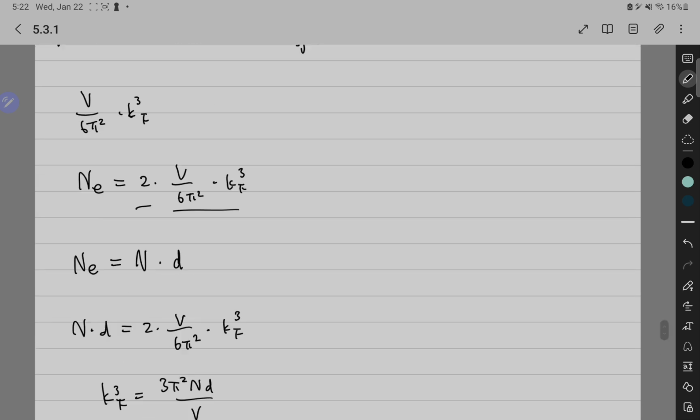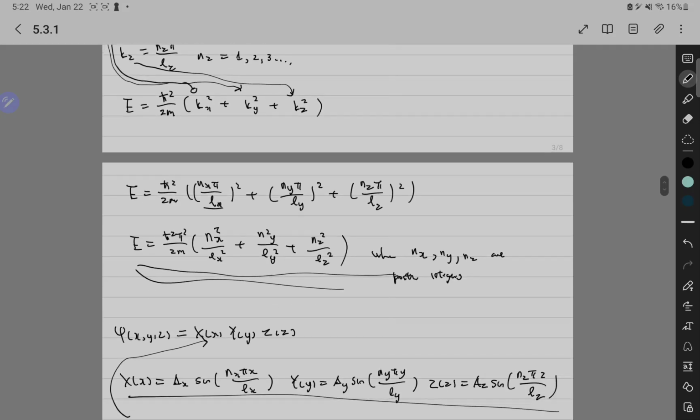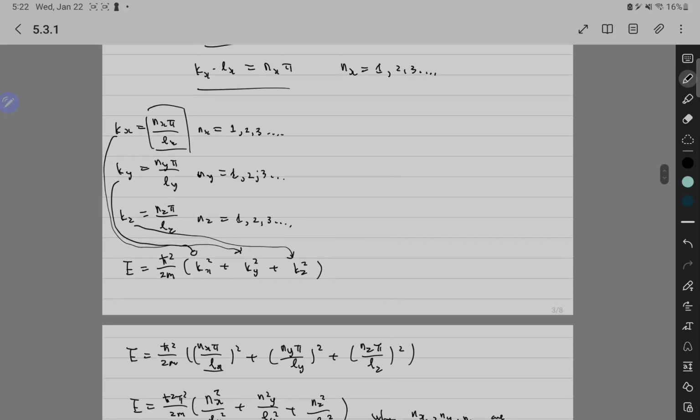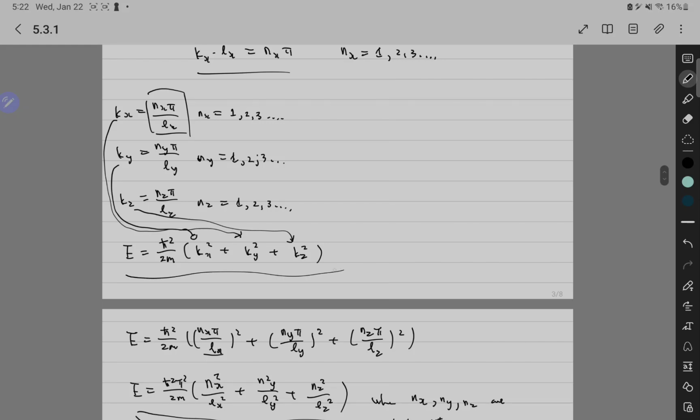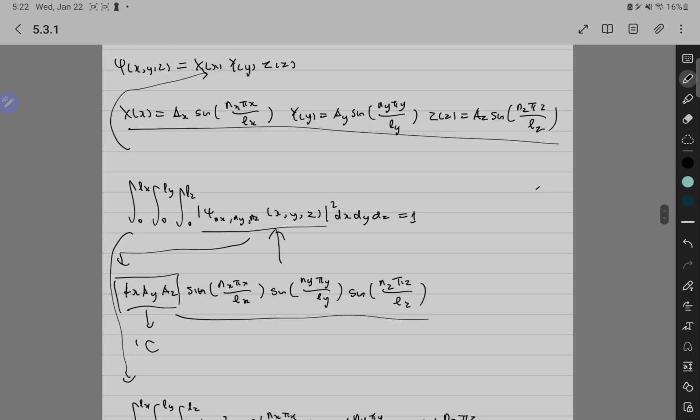If I flip back up, I think right here, this is the formula, and kx² plus ky² plus kz² is just equal to kF².